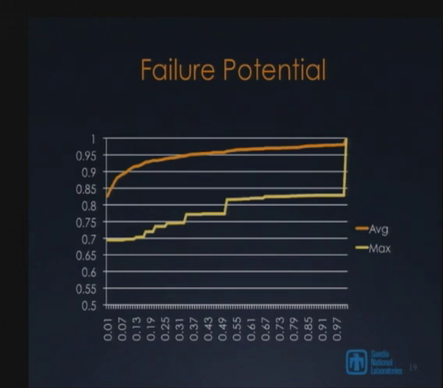The good news is that about 83% maintained a zero failure potential over this 5-month period. The bad news is that the other 17 or so percent ran into this. They averaged non-zero, meaning they had some type of incident that made them subject to some kind of failure on the validation end.